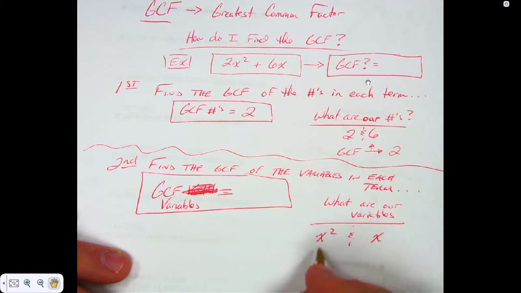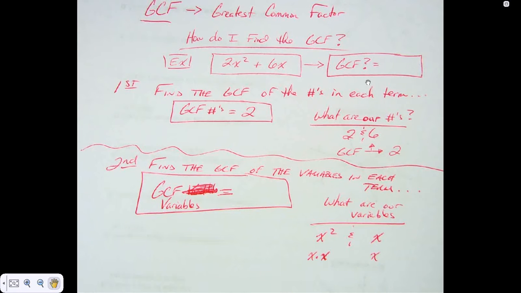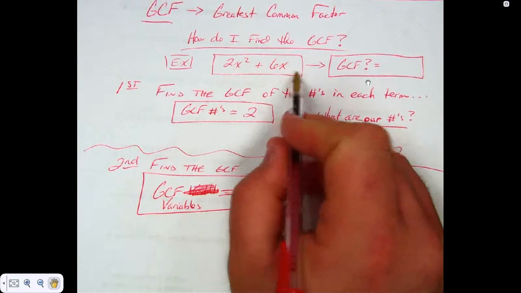Now, if you think about it, what does this mean? This means x times what? This means x. So, here's how you guys need to look at the variables. How many are at least in each? In this term, there's what? 2 x's. In this term, there's 1.